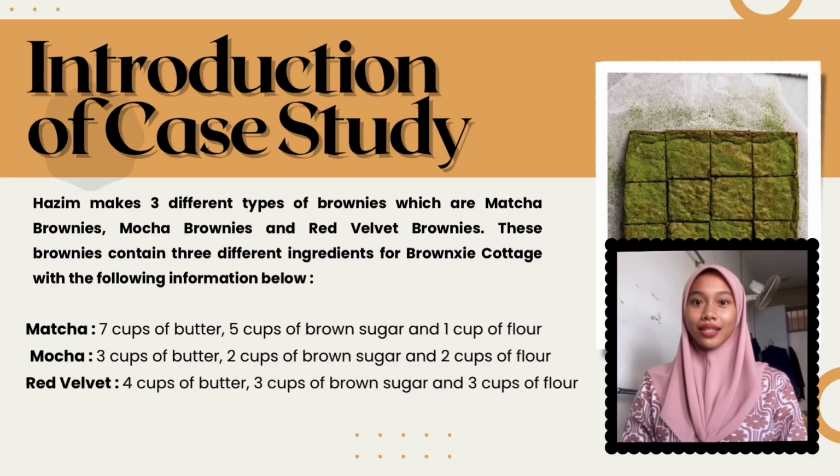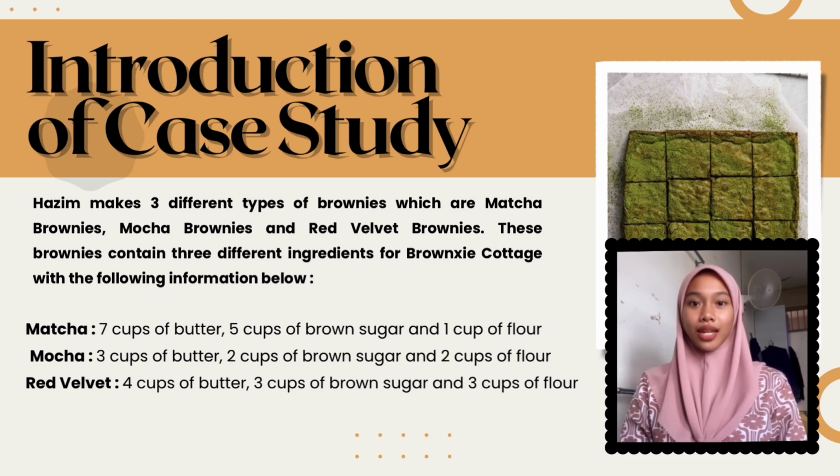Introduction of case study. The situation is Hazim makes 3 different types of brownies, which are matcha brownies, mocha brownies and red velvet brownies. These brownies contain 3 different ingredients with the following information below.